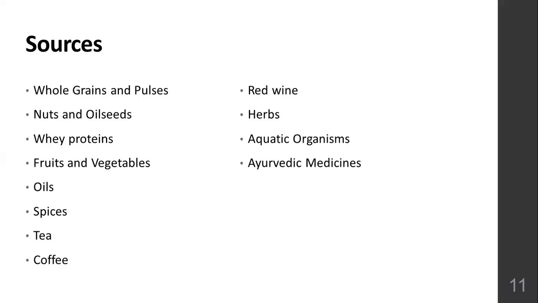Then coffee has polyphenols. The polyphenols present in coffee are the only ones well researched. More than tea, it is the polyphenols present in coffee which are much more evidence based. Okay, in comparison to tea, coffee is much more evidence based.